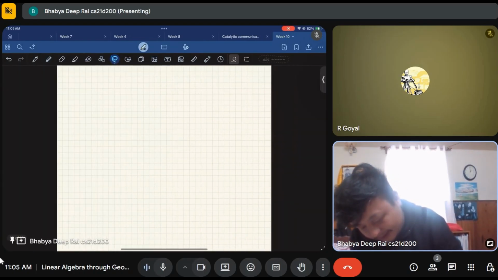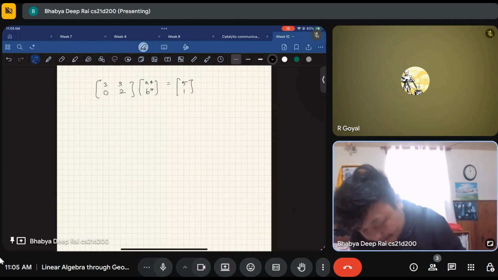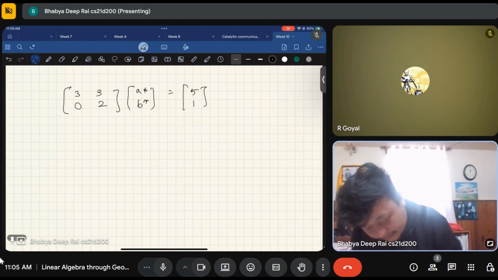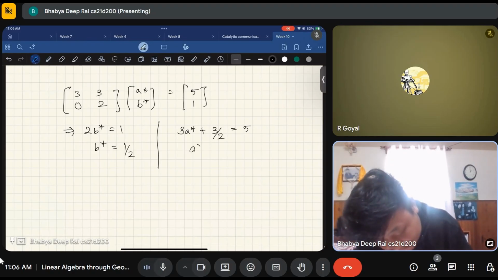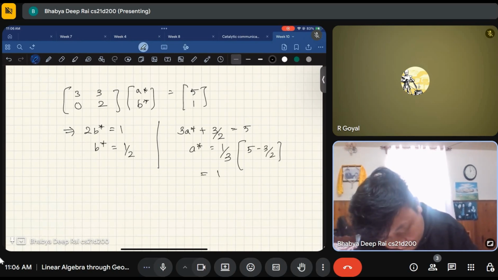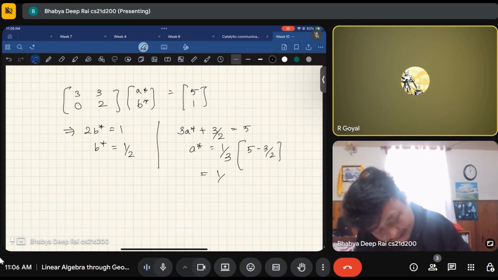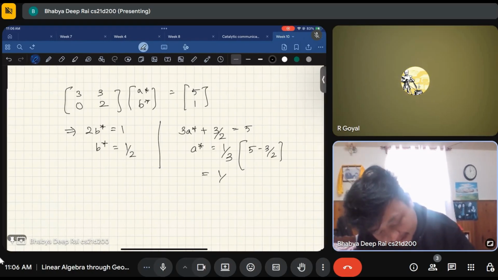Which implies that 2b star equals 1, so b star is equal to 1 by 2. Which means that 3a star plus 3 by 2 is equal to 5, so a star equals 1 by 3 times 5 minus 3 by 2, which is 7 by 6.